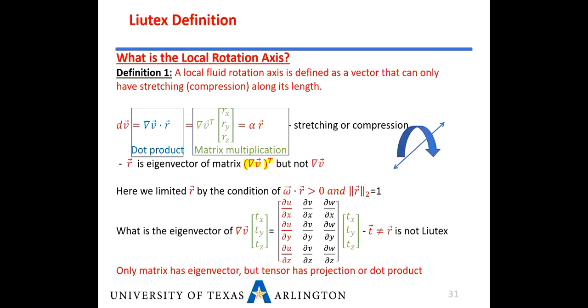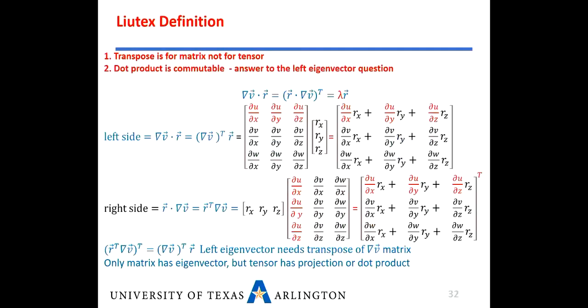It is also an eigenvector. But this eigenvector is not the new text. I didn't spend a long time to study what this eigenvector is. It is an eigenvector, but it is not the new text, not a rotation axis.